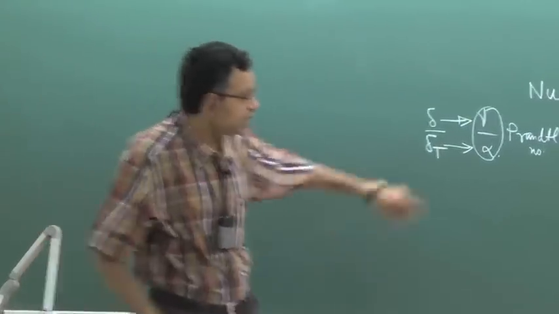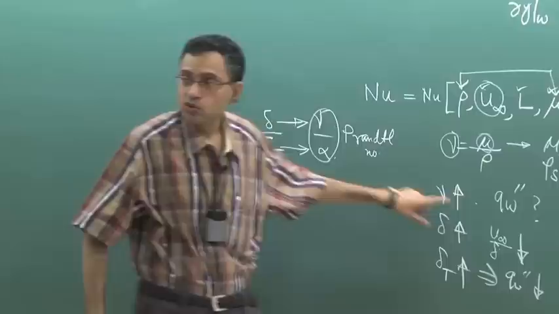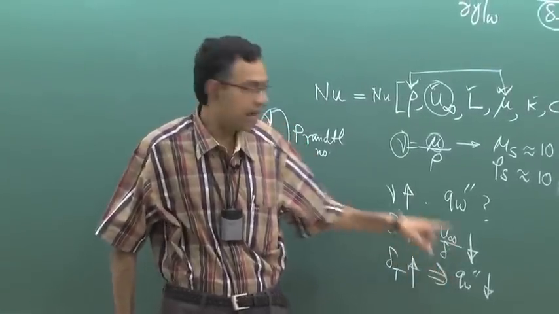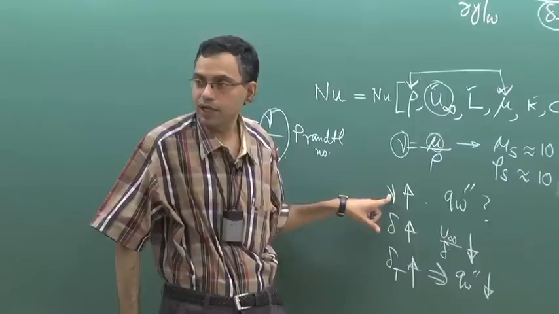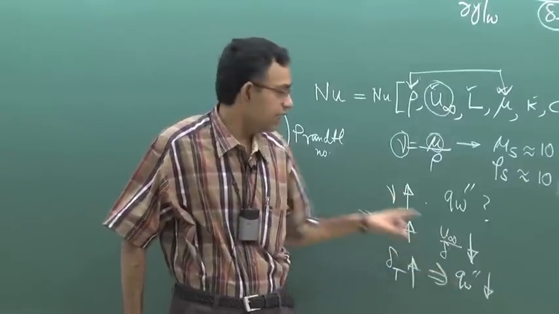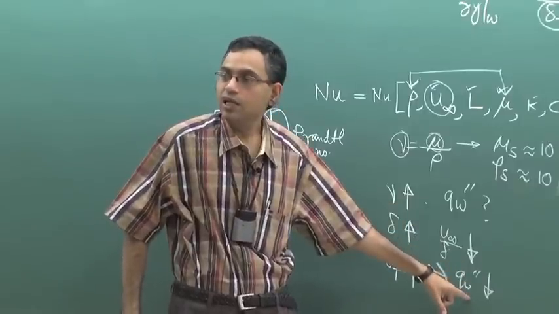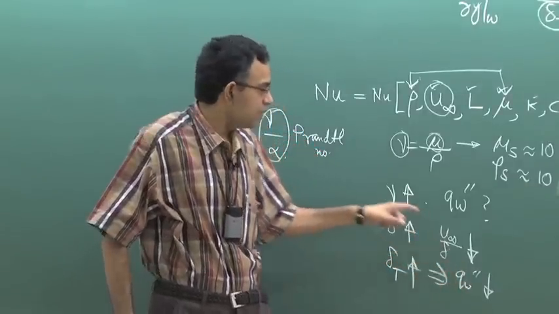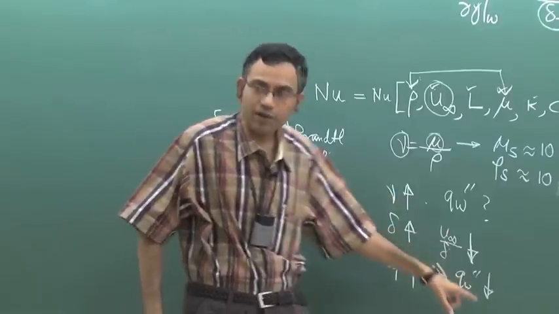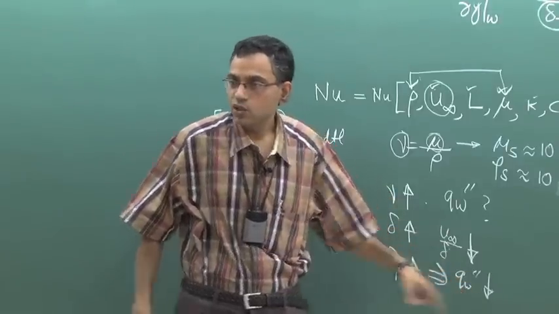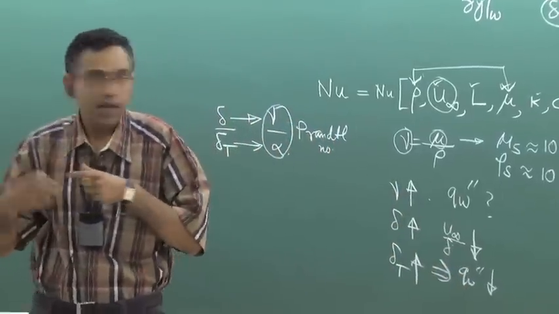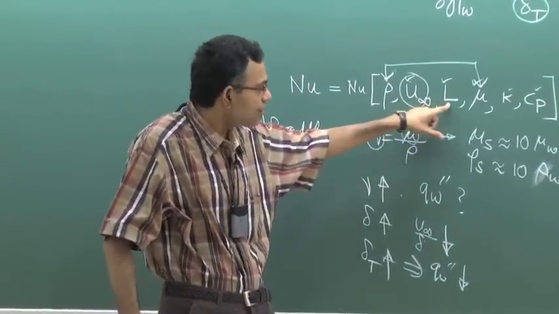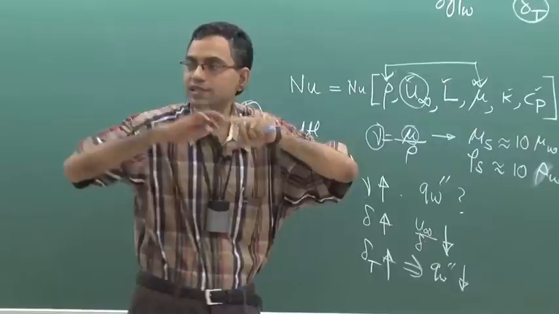Right? So you can see, we started with nu and came to heat flux, something very non-intuitive, right? We started with a pure fluid mechanics parameter and we came up with an increase of nu giving a decrease of heat flux. That means a decrease of nu will give an increase of heat flux. So decrease of nu and increase of u infinity and also increase of L are of the same effect.